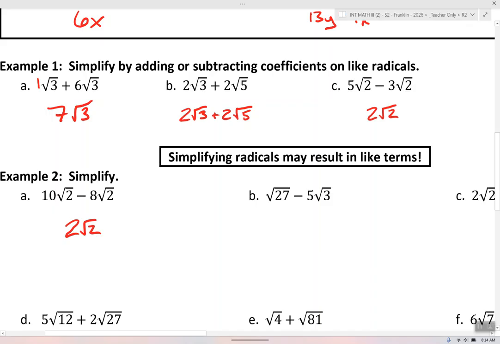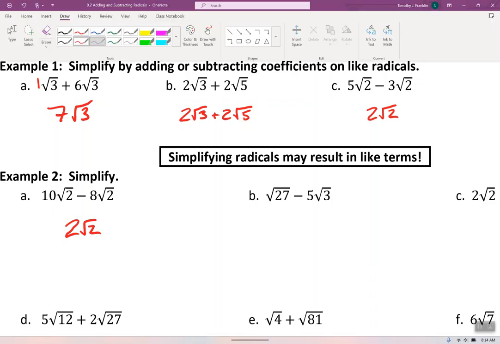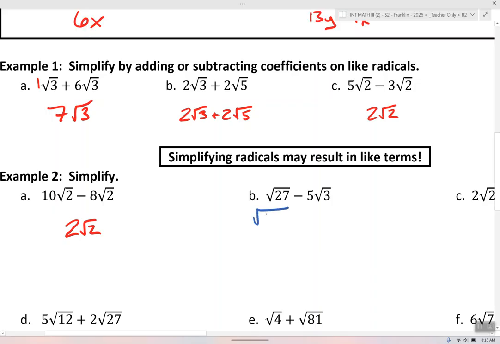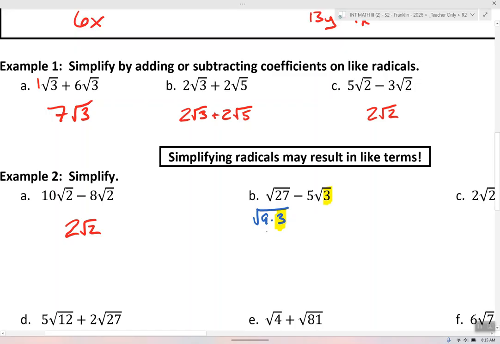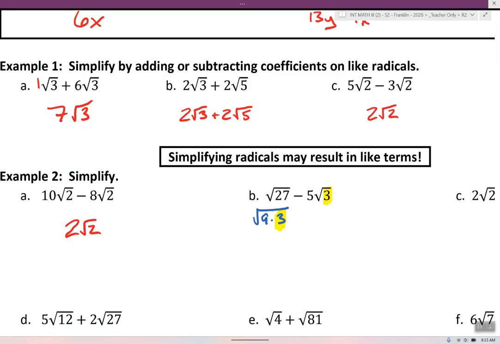But what I can do with that 27 is think of that as 9 times 3. Right? I do want to get 3 in here because I want it to be the same. And I can actually take the square root of 9, that's 3. So the square root of 27 is just 3 root 3. I'm going to use a different color for this.